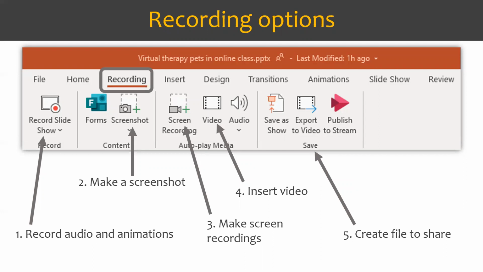So those are all the things we'll be able to do. In case you're wondering, Forms is a quiz-like tool, and it's part of Teams, but if your students aren't in Teams, you can't really use it yet, but it's coming. And then Publish to Stream, we'll talk about later. That's only if your students are in Teams as well, but we're going to cover the other ones.